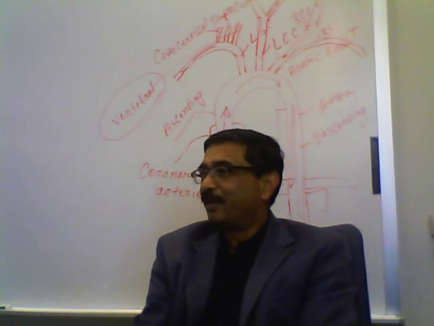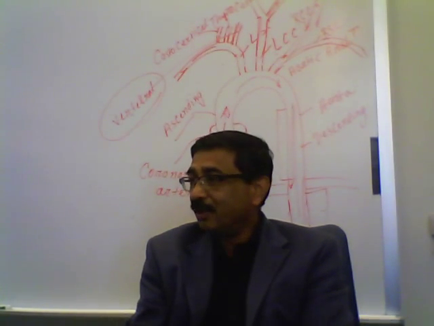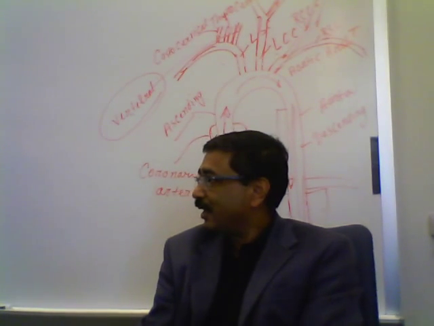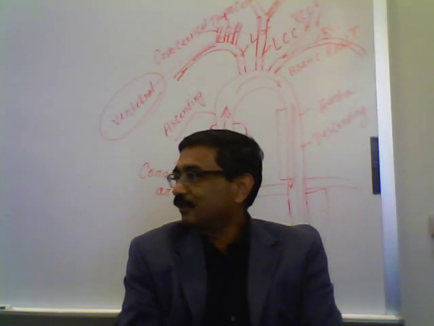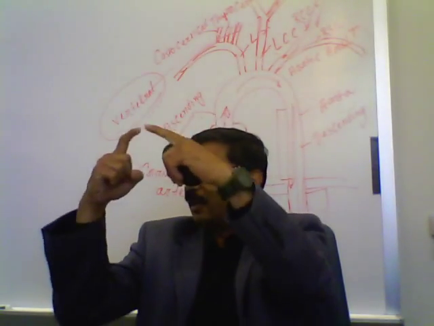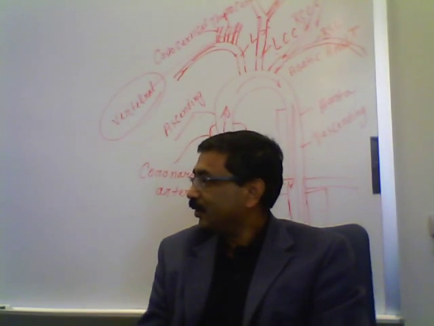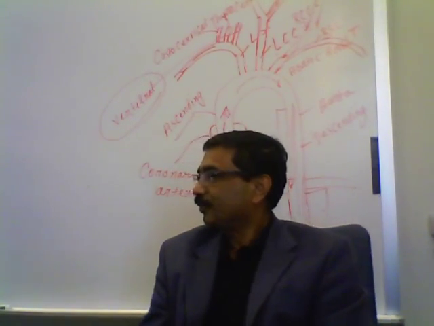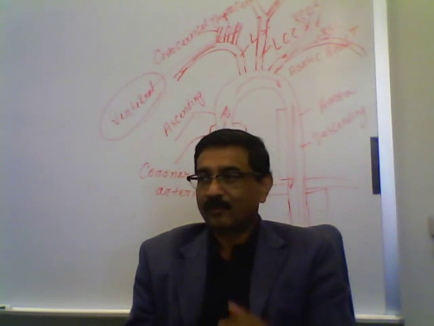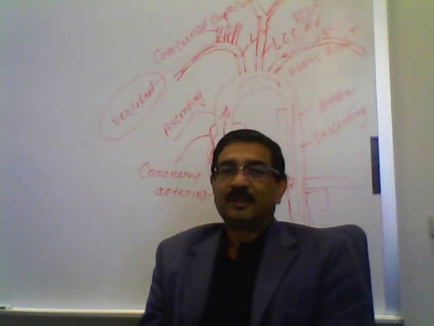So two vertebral arteries go to the brain, and they join together at the bottom of the brain to form the basilar artery. You see the picture there. Do you see it in the picture?